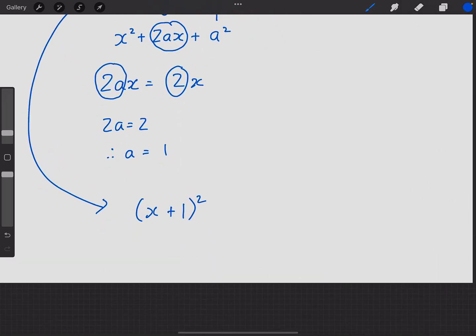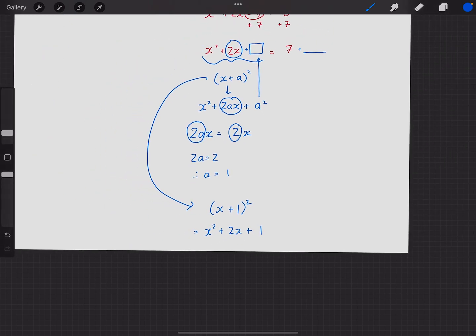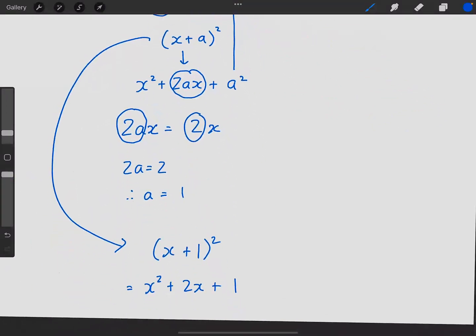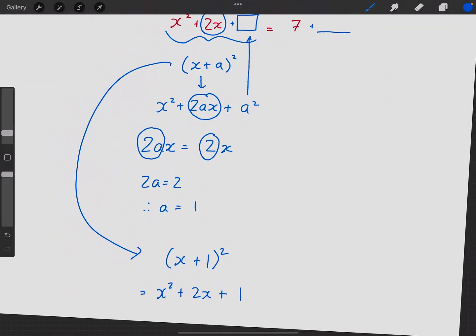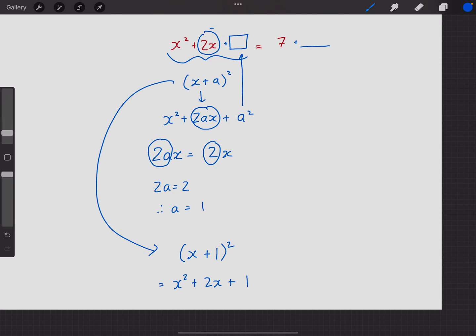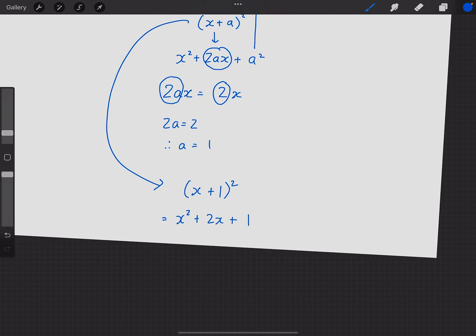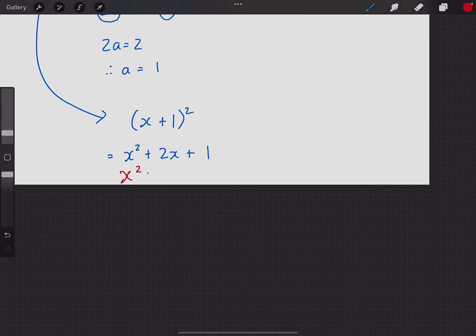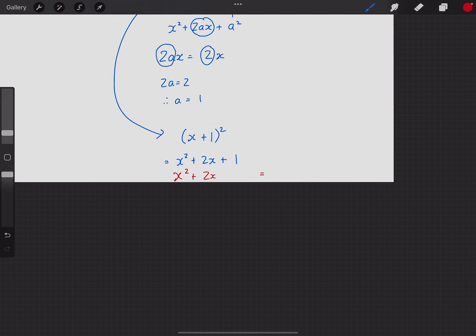So what happens when you expand this x plus 1 squared? You're going to get x squared plus 2x plus 1 squared, which is 1. So let's have a look at this and compare it to what we had before. We have our original equation, which was x squared plus 2x is equal to, what was it, 7?